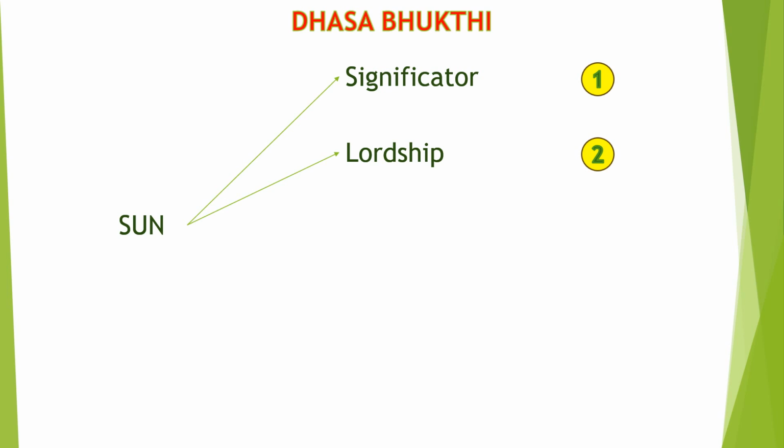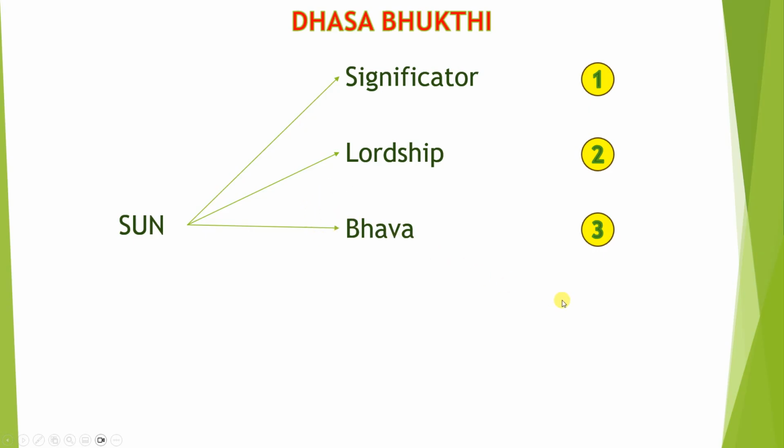So the next is the bhava in which the Sun is present. The Sun will give its significator and lordship benefits to the horoscope through the bhava in which he is present.